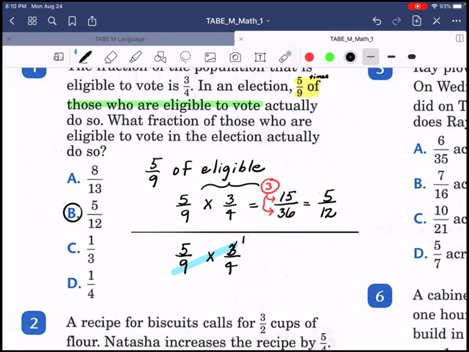And then 3 into 9 is 3 times. And then you are left with a multiplication problem. 5 times 1 is 5. And 4 times 3 is 12. So again, the answer is B.